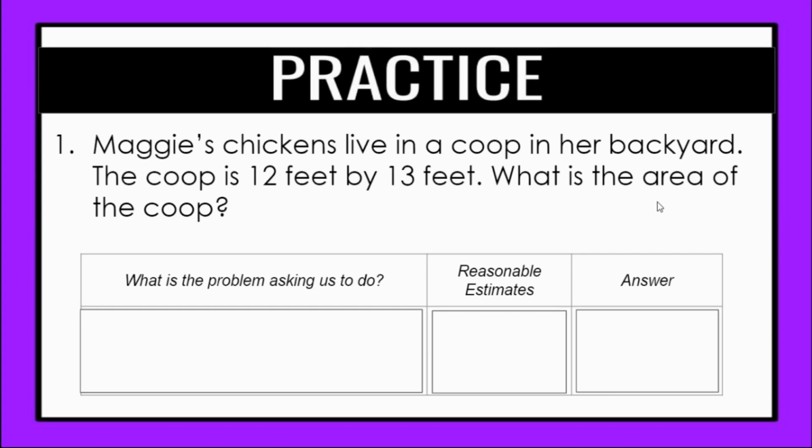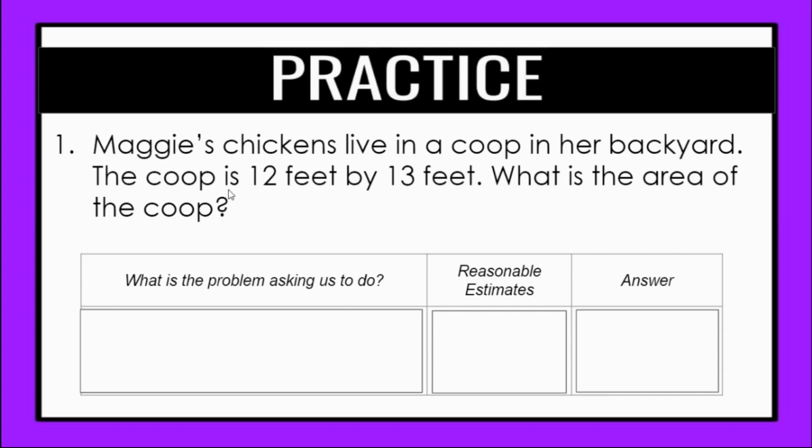So it says Maggie's chickens live in a coop in her backyard. The coop is 12 feet by 13 feet. What is the area of the coop? Okay, so think about the chicken coops we were talking about before that I showed you a couple pictures of. And this one that we're describing is 12 feet by 13 feet.